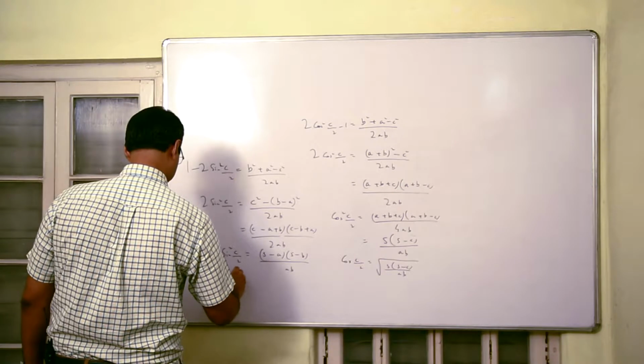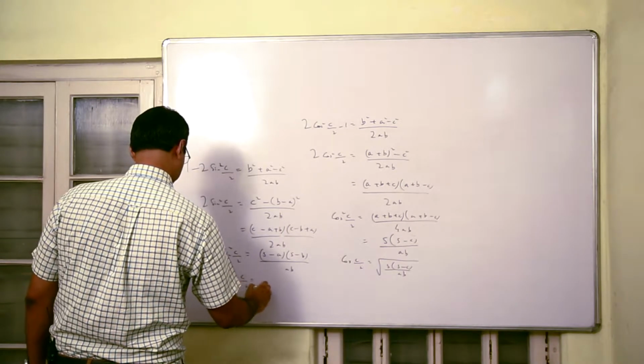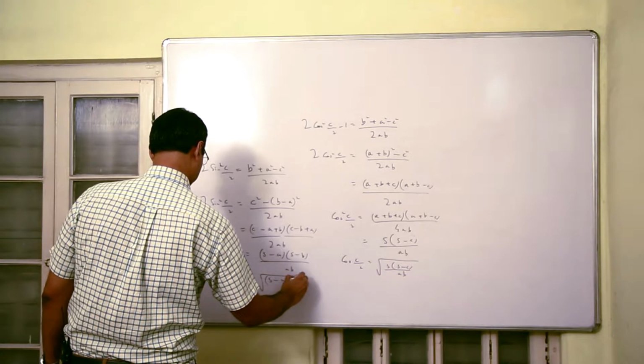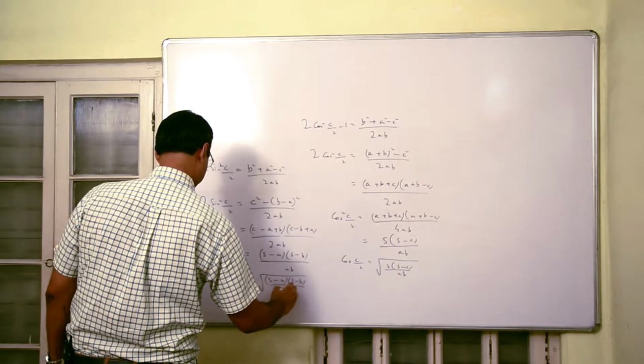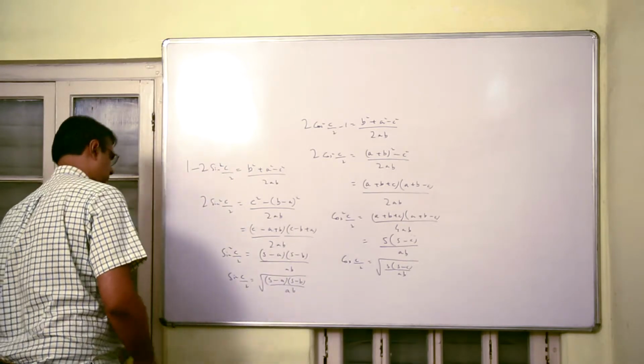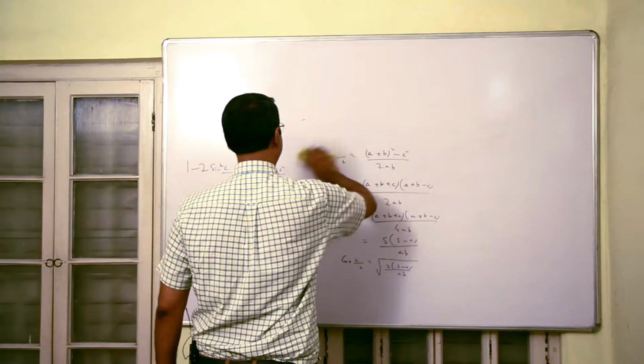So this brings us to the next formula, that is sine C by 2, and the answer is root of (S minus A) into (S minus B) by AB. This is the next formula, sine C by 2.